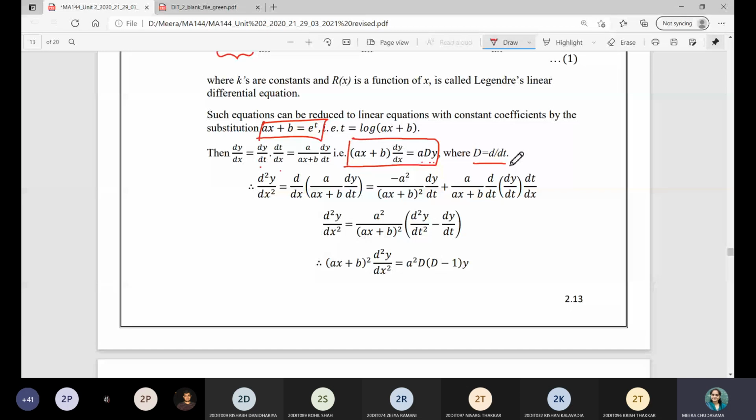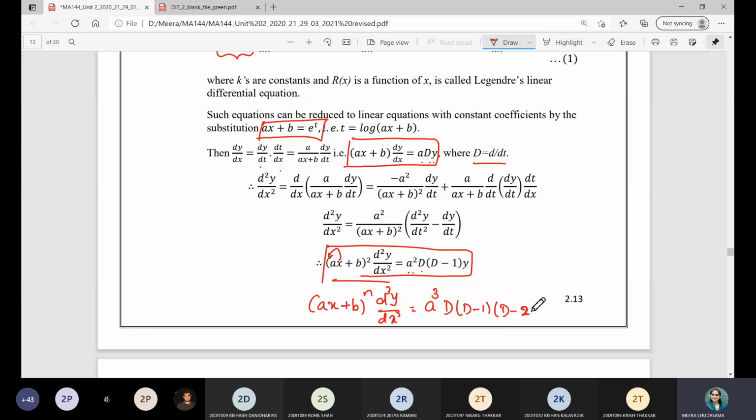Similarly, the second order term becomes a squared D into D minus 1 y. When you consider the third order term, d cube y by dx cube, it converts to a cube D, D minus 1, D minus 2 into y, and so on.